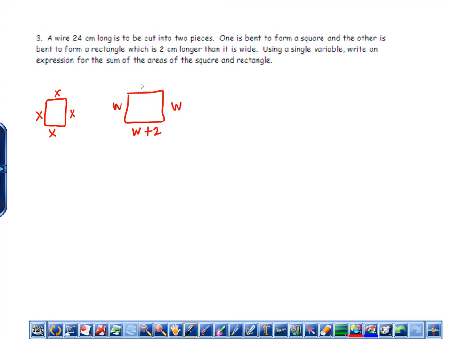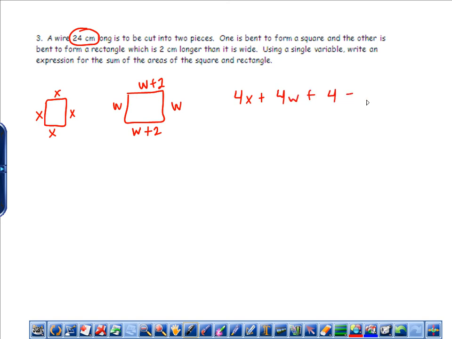So let's just write everything down, because what we're talking about here is perimeter. And we know that this is all going to add up to 24 centimeters. So let's add it up. That's going to be 4x plus 4w plus another 4.